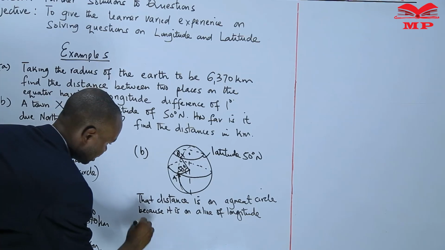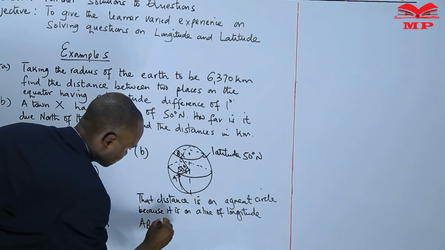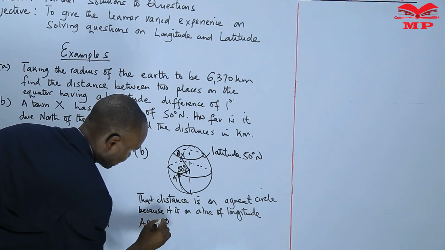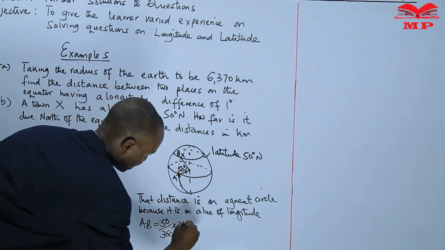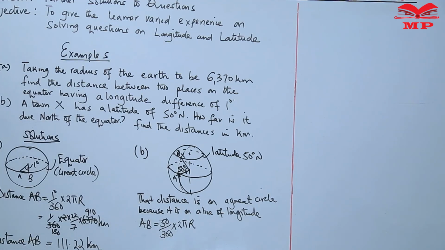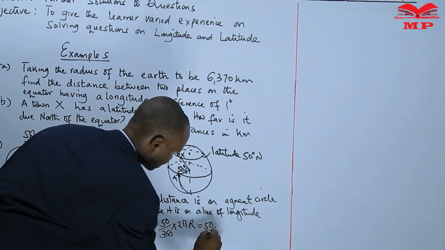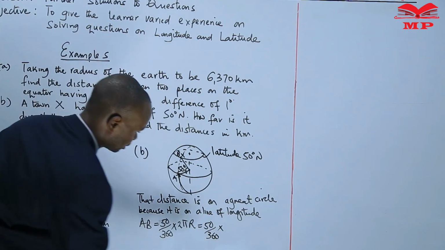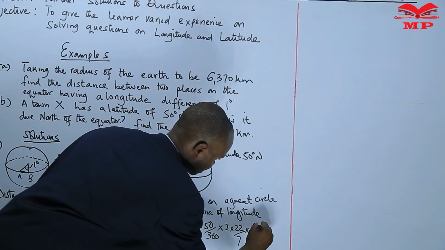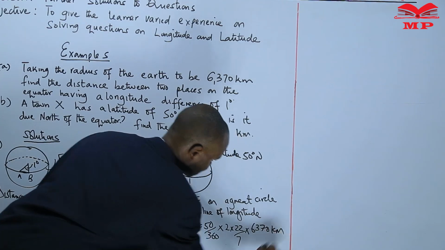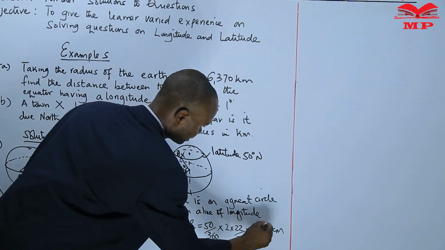So distance AB, you realize it is subtended by 50 degrees. 50 degrees over 360 times 2 pi r. But r is given, Lana. So you'll say it is 50 over 360 times 2 times 22 over 7 times 6,370 kilometers.